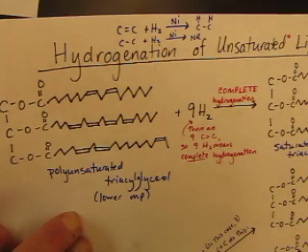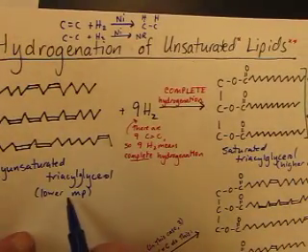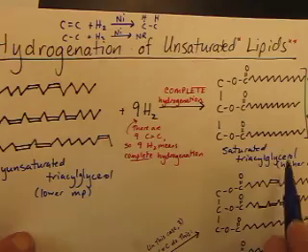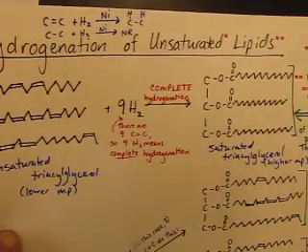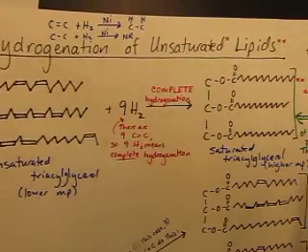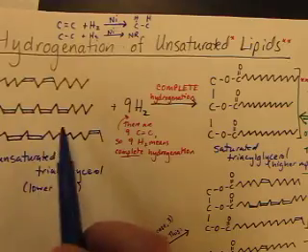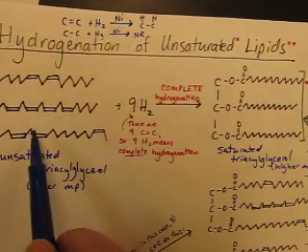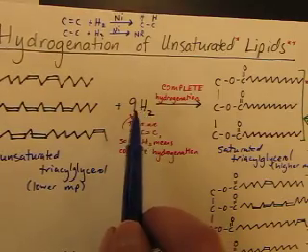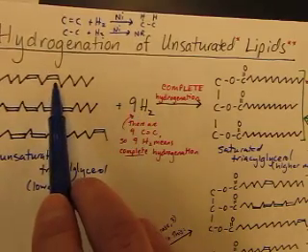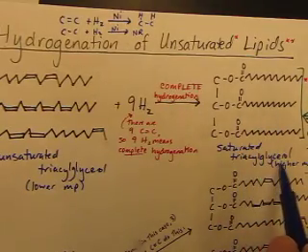Saturated fats tend to have a higher melting point. Make sure you can see that. Lower melting point here, higher melting point here, because the carbon-carbon double bonds are gone. So, if you do this, and now let's connect it to food, if you take something like olive oil or soybean oil that's unsaturated, polyunsaturated, and you react with enough hydrogen to turn all of the double bonds into single bonds, you'll end up with a saturated triacylglycerol.